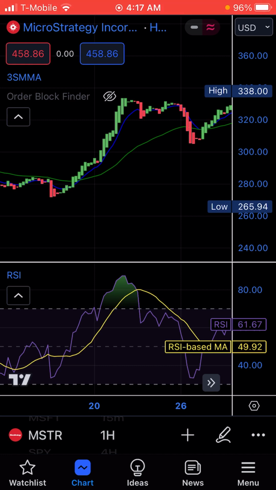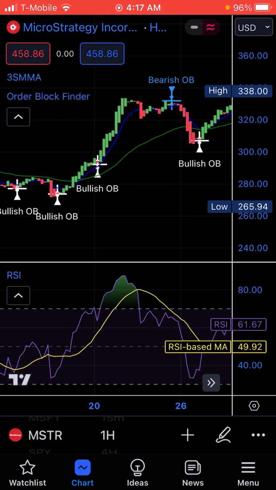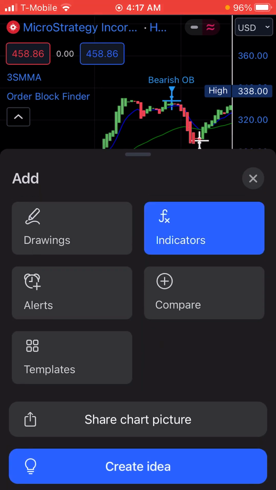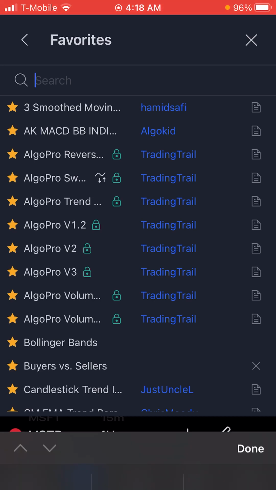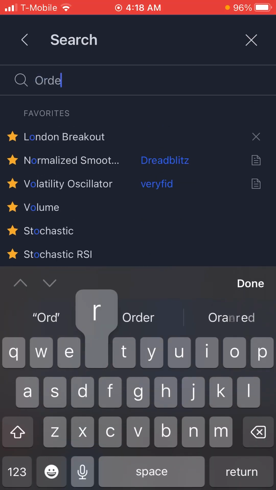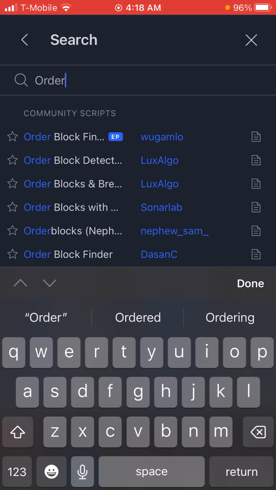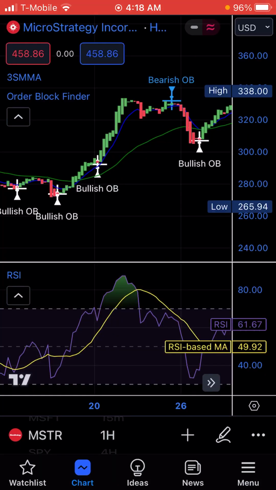So let me show you the extra. This is a new indicator that I add to my strategy. It's called Order Block Finder. If you go to your indicators here and just type in order. I don't have this saved here. I think it's this one right here. So put a star on it. Order Block Finder, you leave it as default.